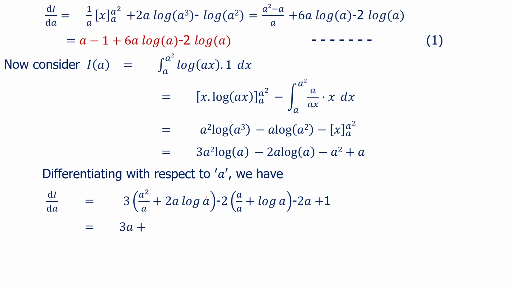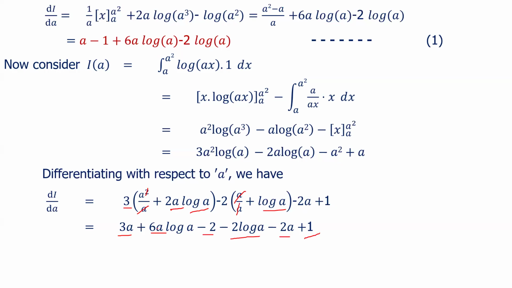Let us simplify it once more. This a and a will cancel. So we can write 3a, 3 into 2a is 6a log a, minus 2 log a, minus 2a plus 1.